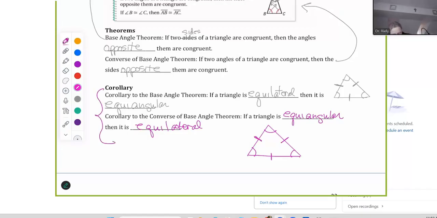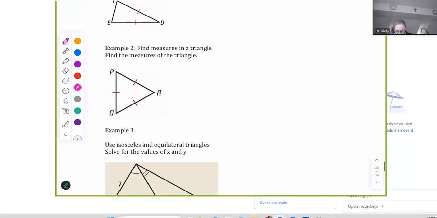Okay, so this is all about equiangular slash equilateral triangles. Okay, all right, let's keep going with these notes.